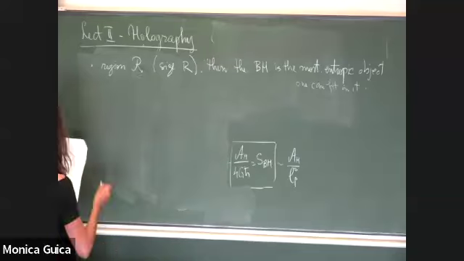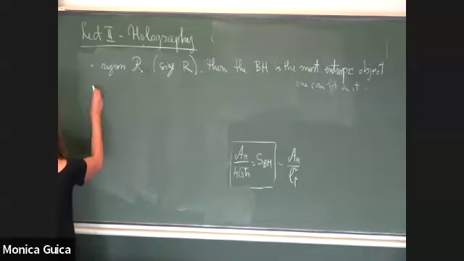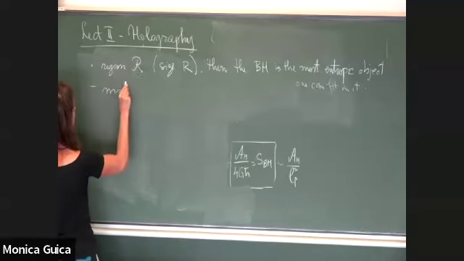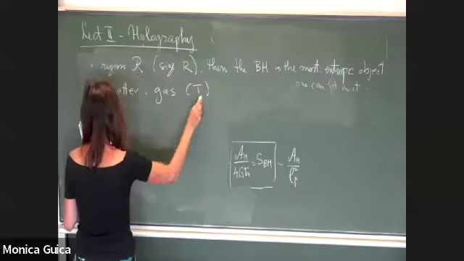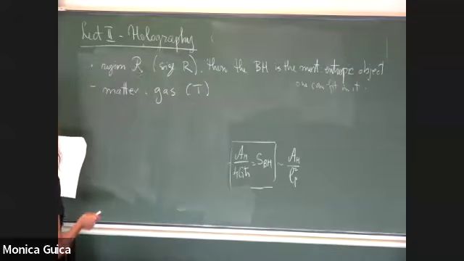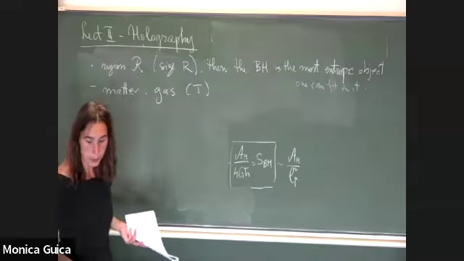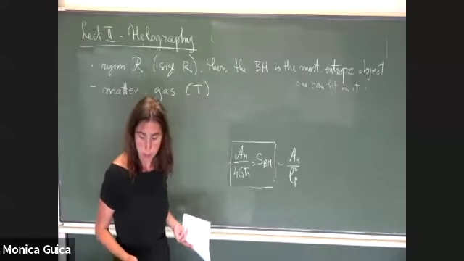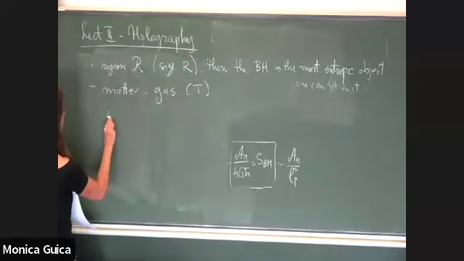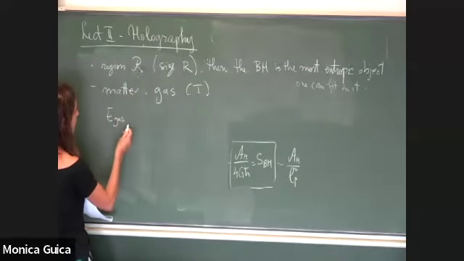So let's model the matter by some finite temperature gas. I just take it to be some gas at some finite temperature T. At high temperatures, there's no other scale in the problem, so I can just do some dimensional estimates. I estimate the energy of the gas.